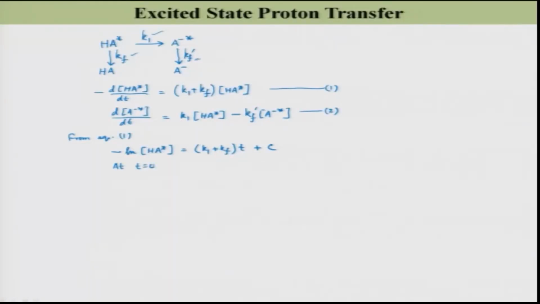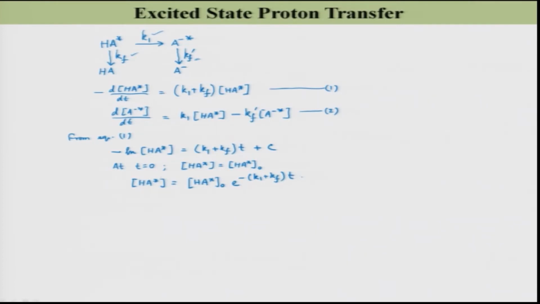So I can write this equation as HA star equals HA star 0 e to the power minus K1 plus Kf times t.